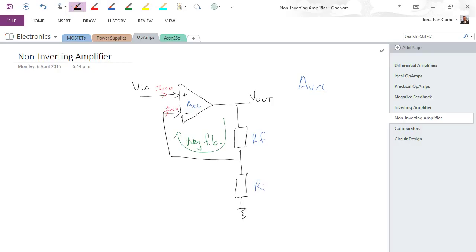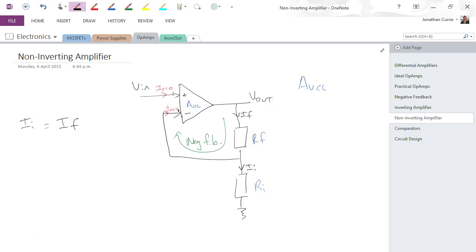From that, we can say that the current through II will be equal to the current via IF. I'll just draw that arrow a little better. All the current's flowing this way because no current is flowing into the op-amp.